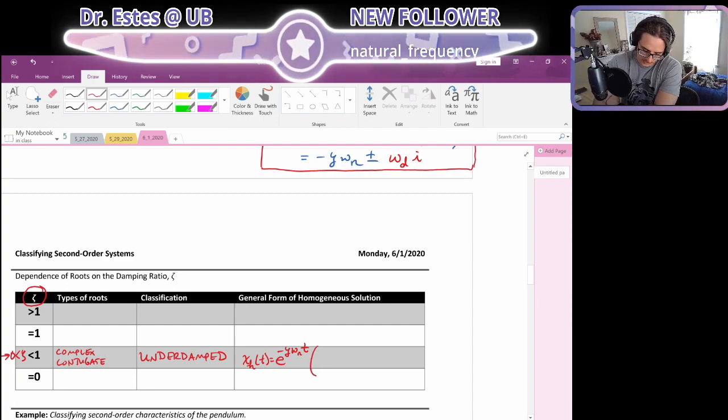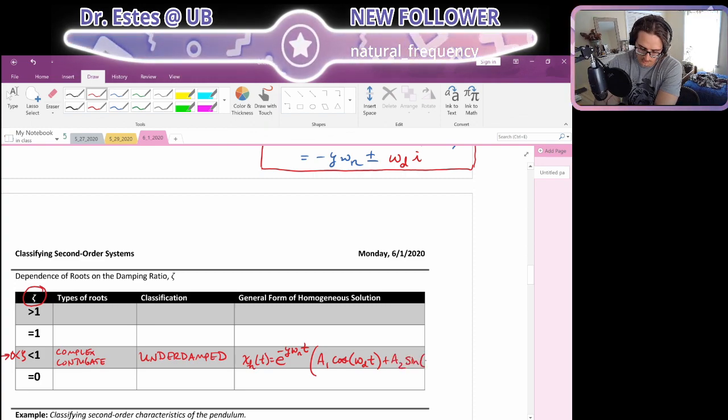And then you multiply this by some coefficient in front of a cosine of the imaginary part times t, plus another coefficient times sine of the imaginary part.